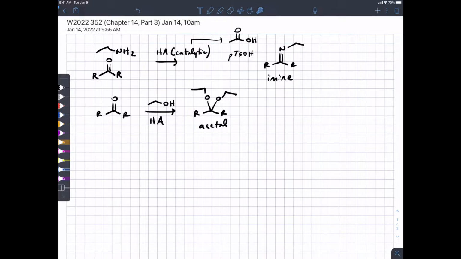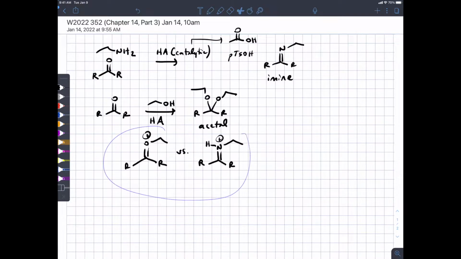But why do we have two of the alcohol groups attached to the acetal, whereas we only have one in the imine? The answer has to do with the key differences between this oxonium ion, that's an intermediate in acetal formation, versus this iminium ion, that's a key intermediate in imine formation.